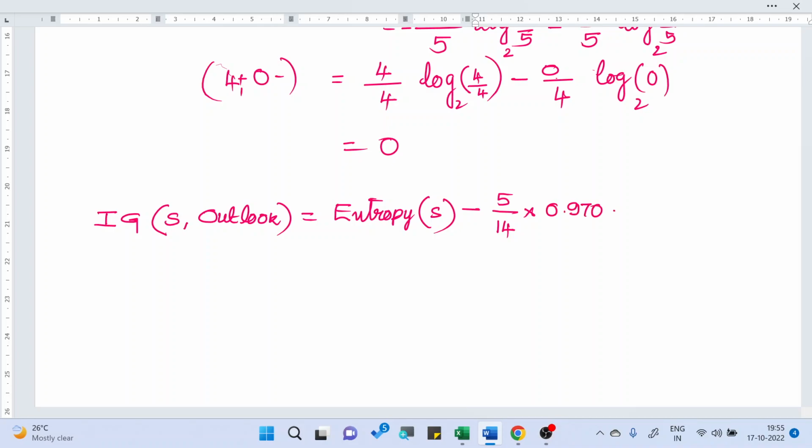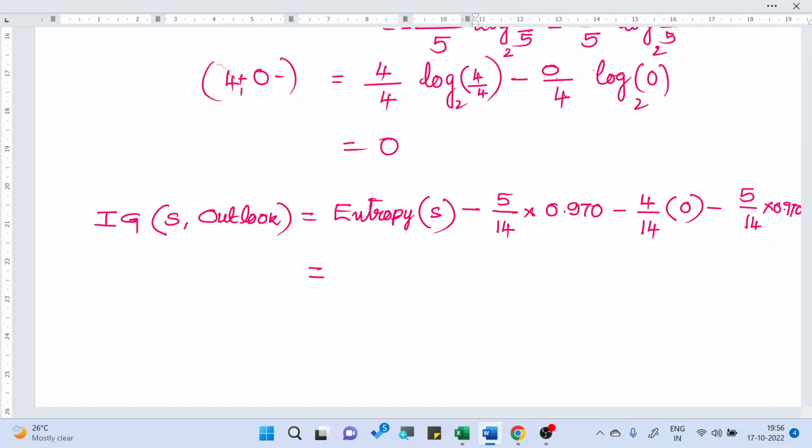Total entropy 0.940 minus 5 by 14 into 0.970, minus the number of examples for overcast, 4 out of 14 into entropy 0, minus the number of examples for rain, 5 by 14 into entropy 0.970.